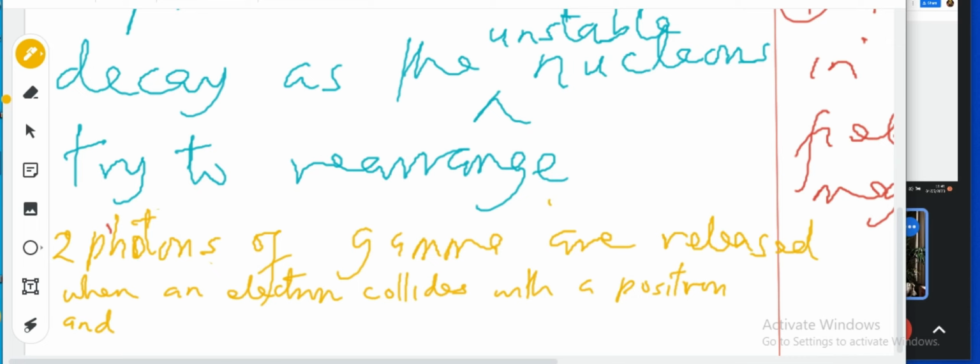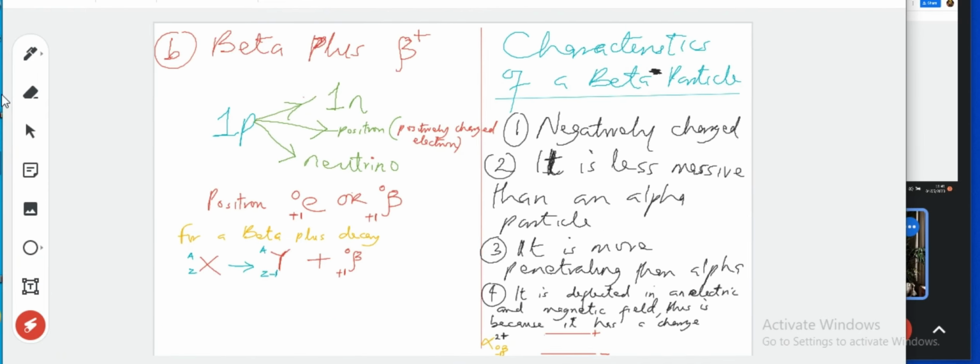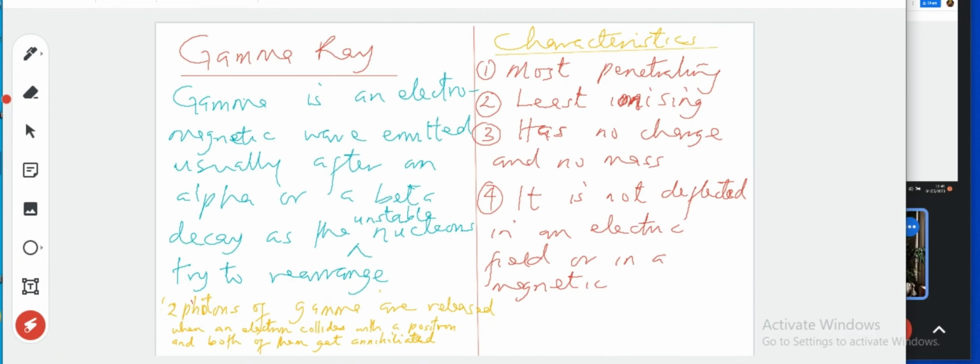And both of them get annihilated. Read what I wrote in yellow. 2 photons of gamma are released when an electron collides with a positron and both of them get annihilated. Yes. Okay, I won't go too deep into that.